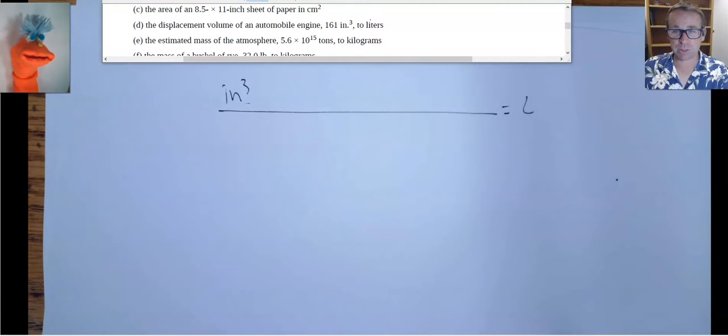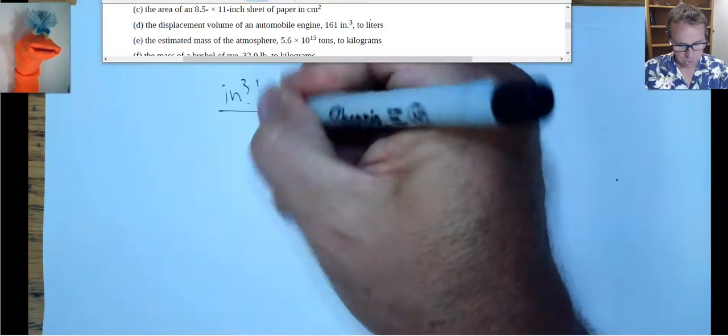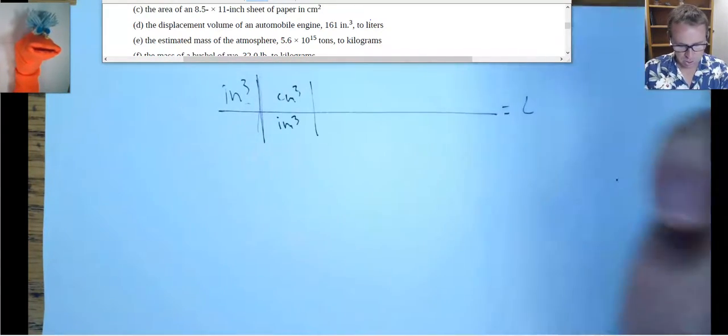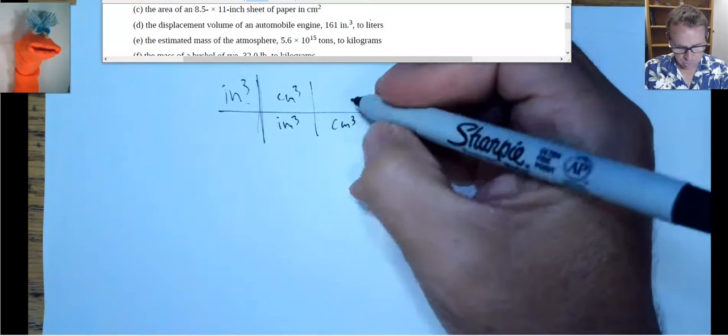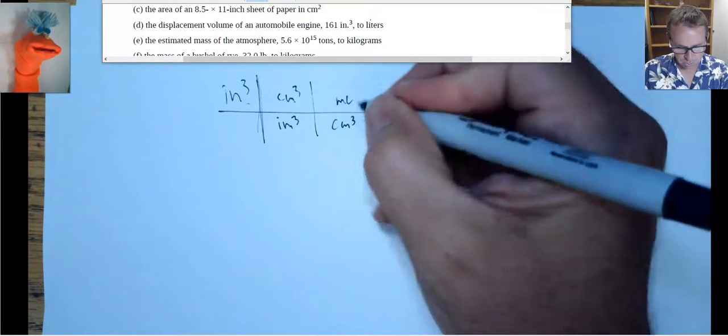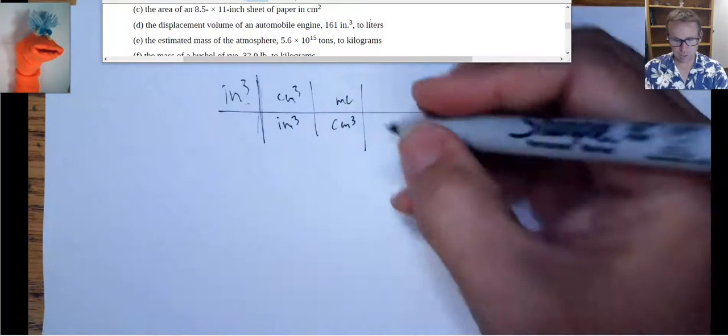Very good, centimeters, because centimeters cubed is a milliliter, right? So inches cubed to centimeters cubed, and then centimeters cubed to milliliters.